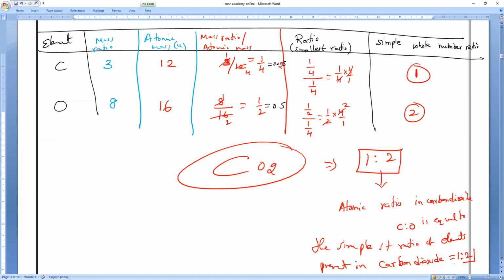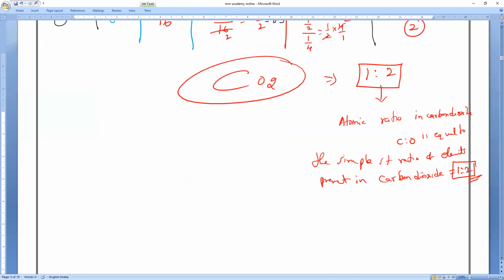1 is to 2. Everyone understood? Yes, please respond. So please remember, whenever a compound is forming, the elements will combine only in whole number ratio, not half, 1 by 4, quarter, or 3 by 4.